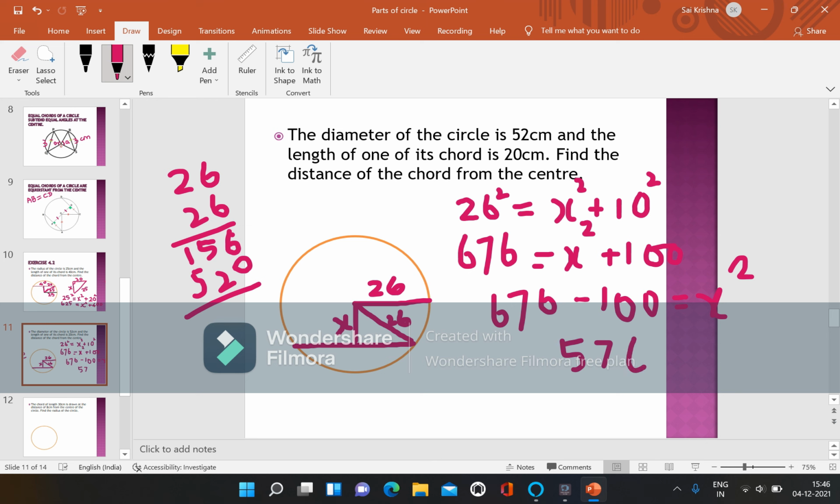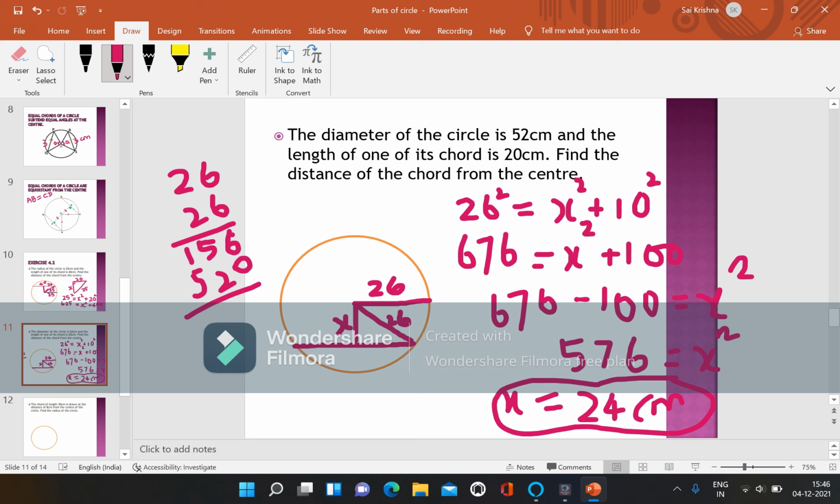If we find the square root of 576, we get 24. So x is 24 centimeter. So the distance of the chord from the center is 24 centimeter.